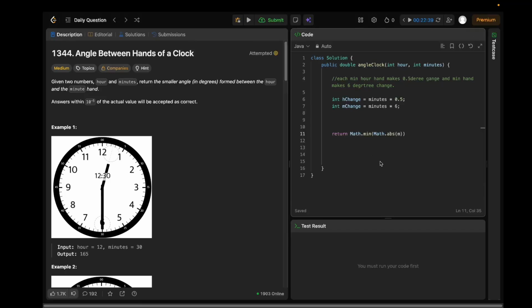Let me just take another integer change equals math dot absolute of minute change minus hour change.